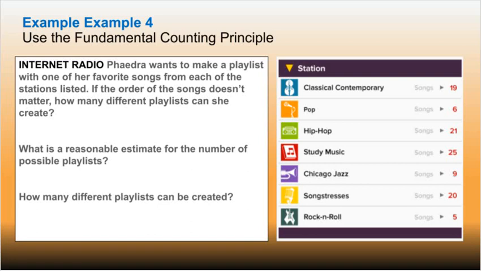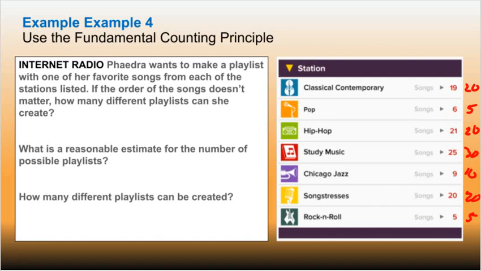So if we were to round our numbers, we can round them to the nearest 10. So this 19, we round it to 20. This will round to 5. So we'll round to the nearest 5. This would be 20. This would be 30. This would be 10. This would be 20, and this would be 5.